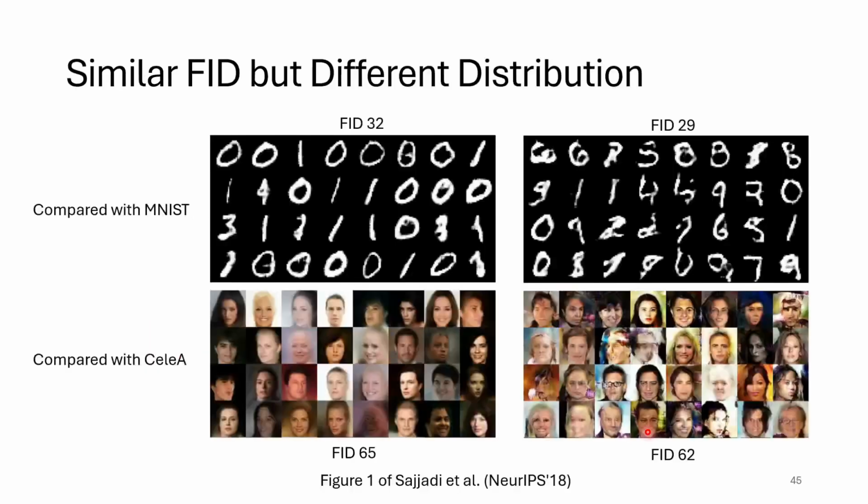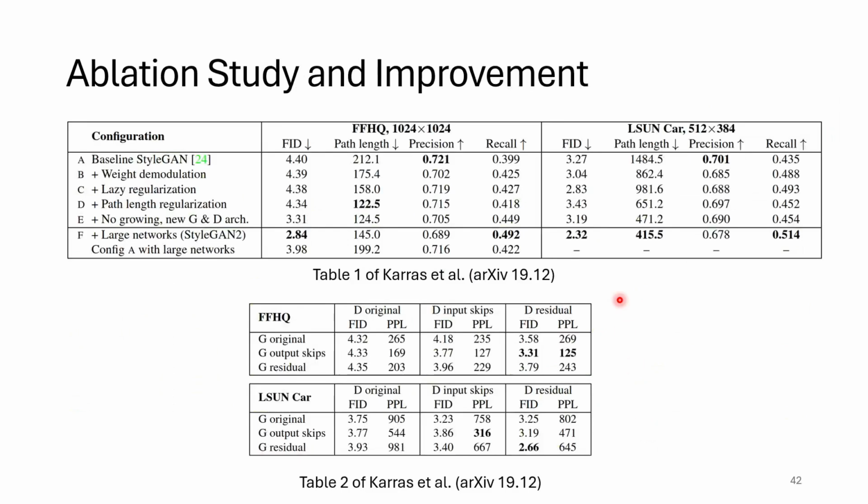Using the two measures, they want to show that their StyleGAN V2 generates better results. The best case is that precision is high and recall is also high. So here they show their recall is better than StyleGAN V1.